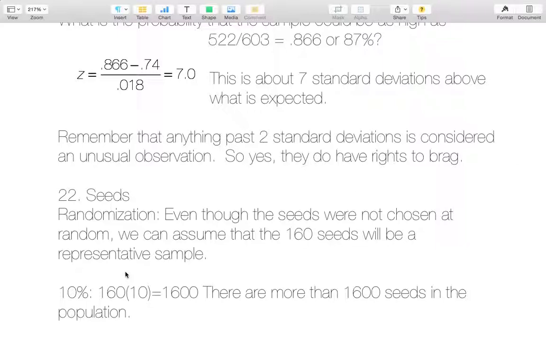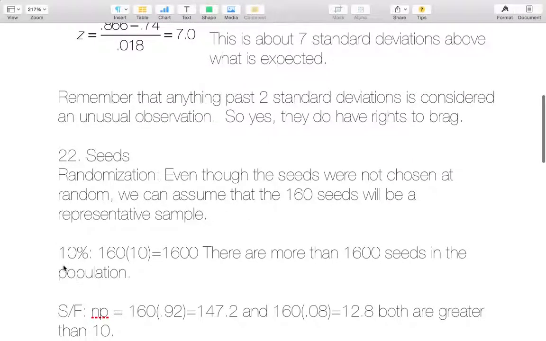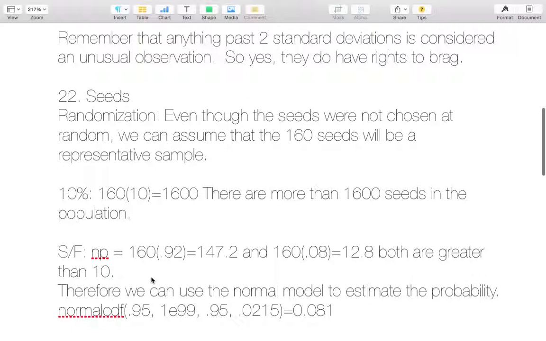Do you think the 160 seeds would be independent of one another? In other words, if I plant one seed, its result isn't going to affect the other seeds' results. So we can definitely assume that they're independent. Here you have 10%. If I multiply that times 10, you get 1,600. And there's clearly more than 1,600 seeds in the population, so that's an easy one.